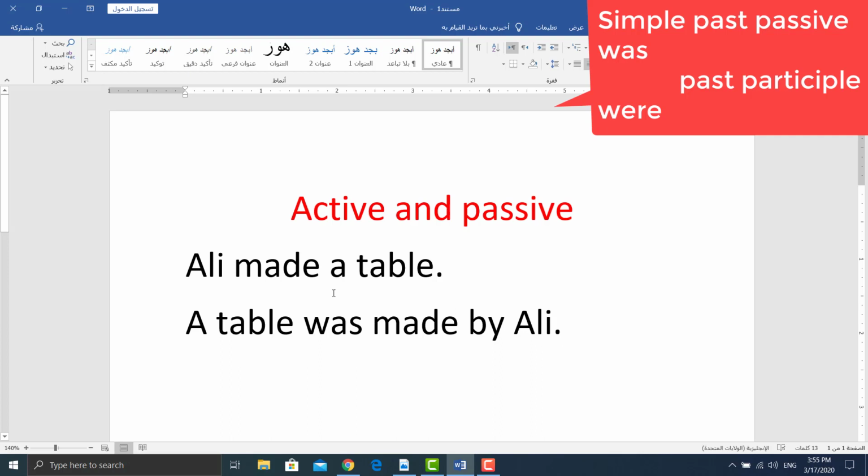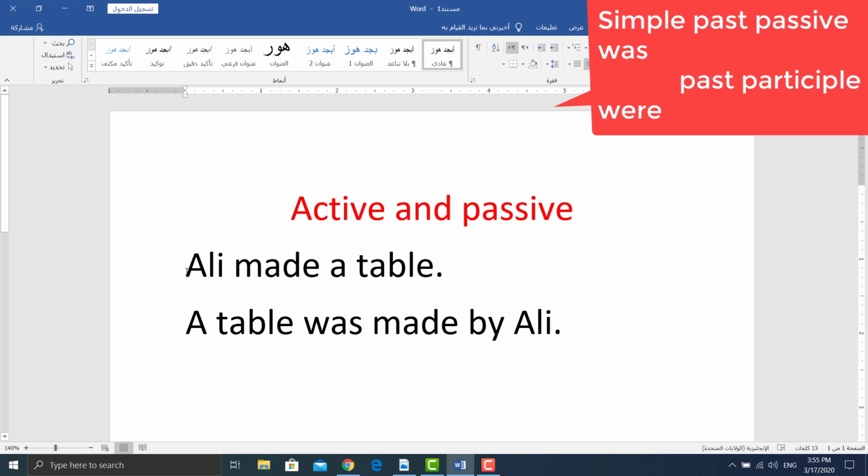Okay, who can tell me how can we change an active sentence into a passive sentence? And why do we change a sentence from active into passive? Is there a purpose for changing a sentence from active into passive? Of course, there is. Who can tell me? Okay, I'm going to explain it.